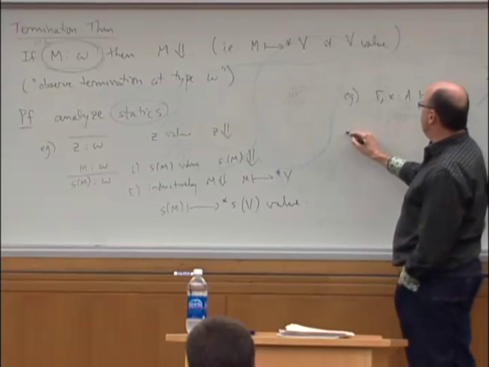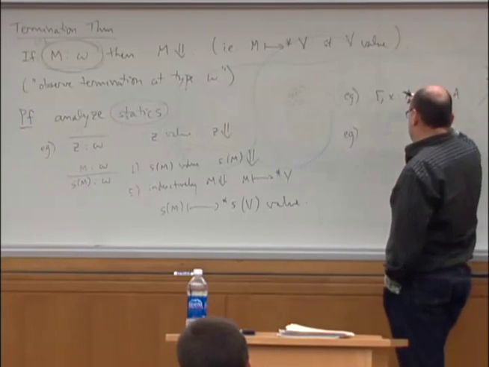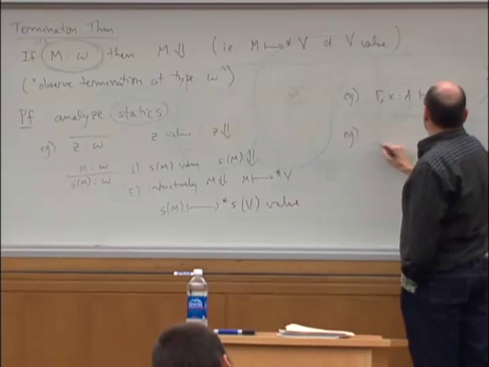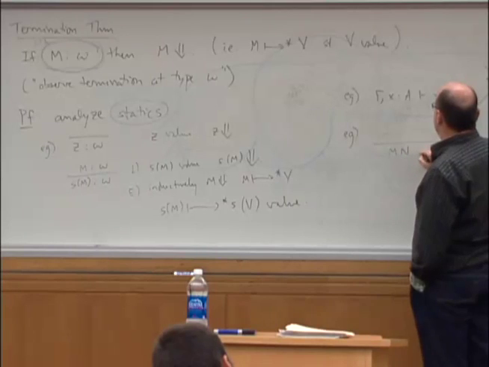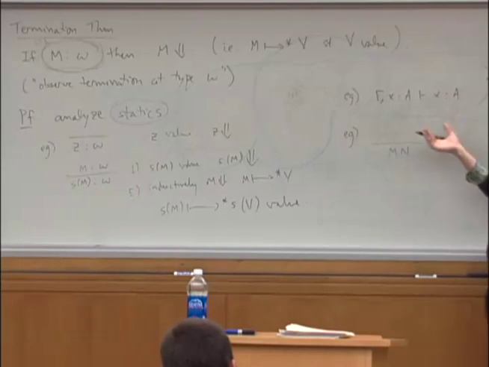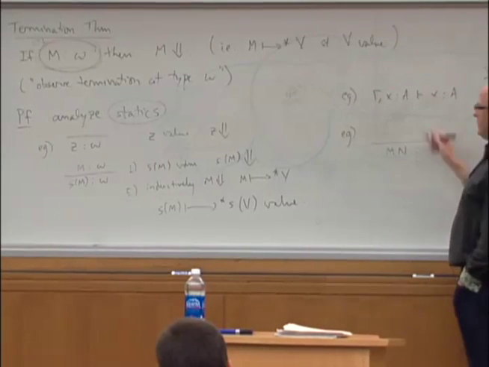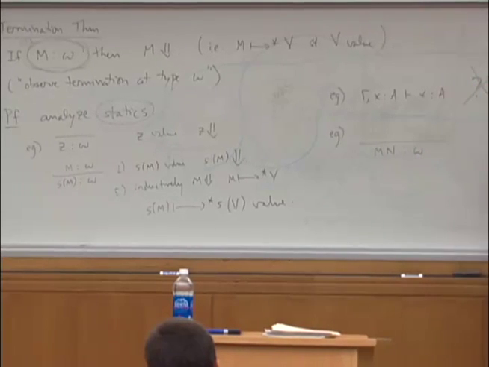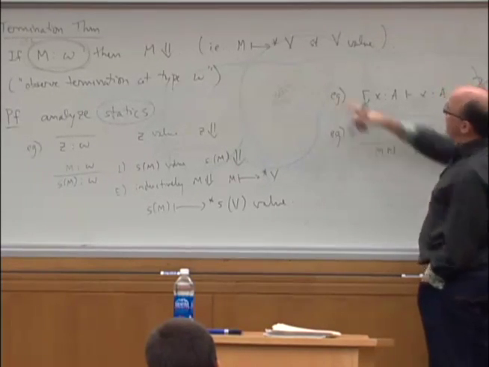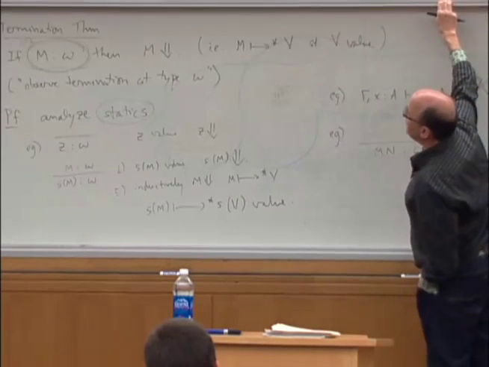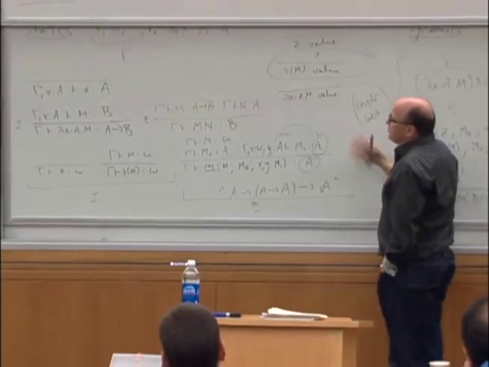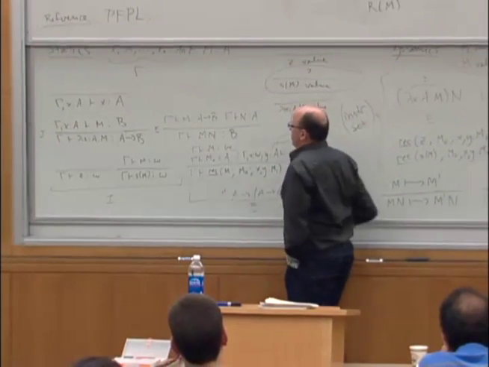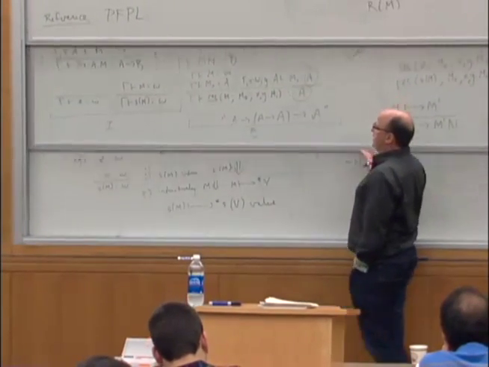So let's do some other examples, and we'll keep going. Well, one would be, and this is where we start to get into trouble. Suppose I have m n, and we're just exploring how we would prove the theorem directly. So m n is type omega. And if you look at the rules, which I've inconveniently obscured, you can prove there's only one way to apply a typing rule for an application.